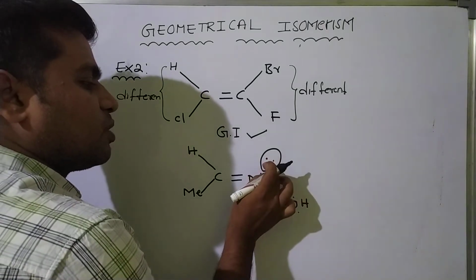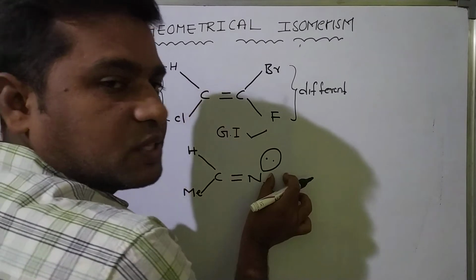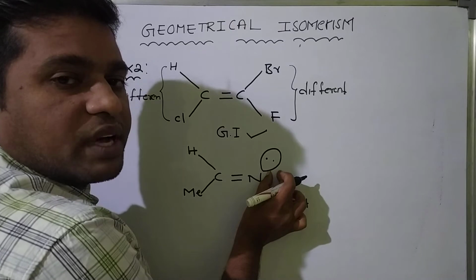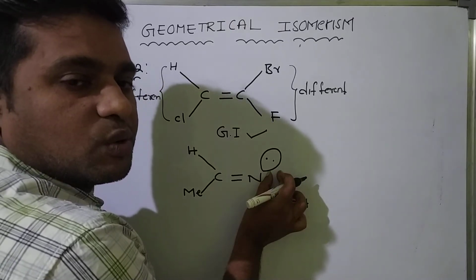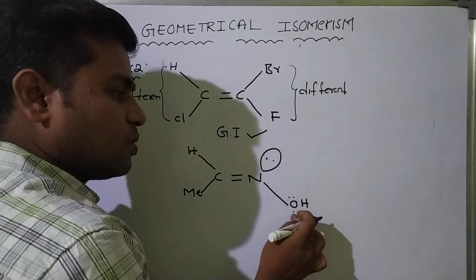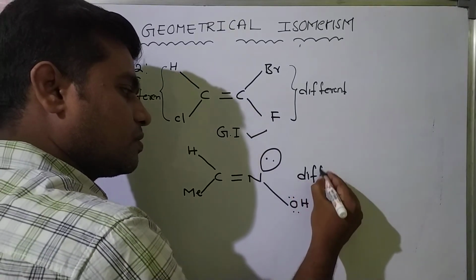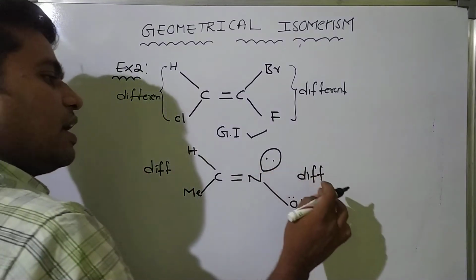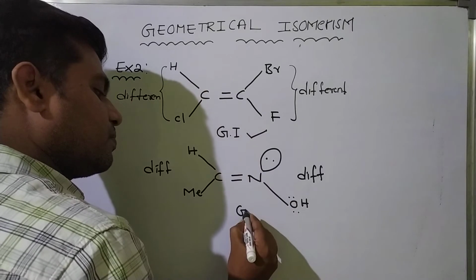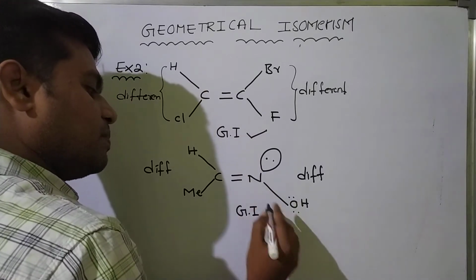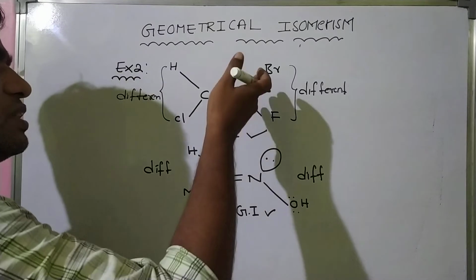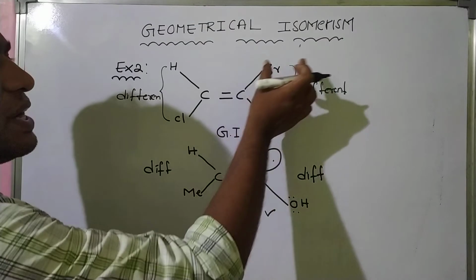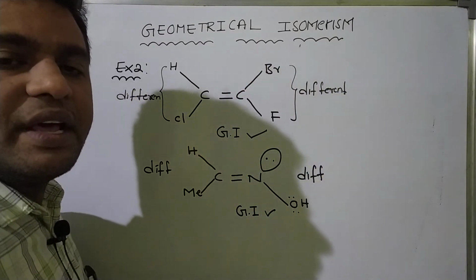Look students, in organic chemistry, the lone pair is also considered as one group or atom. So these two groups are different, and these two groups also are different. Hence geometrical isomerism is given by this compound. Okay, so these are examples, meaning the main requirement for exhibition of geometrical isomerism by any organic compound.